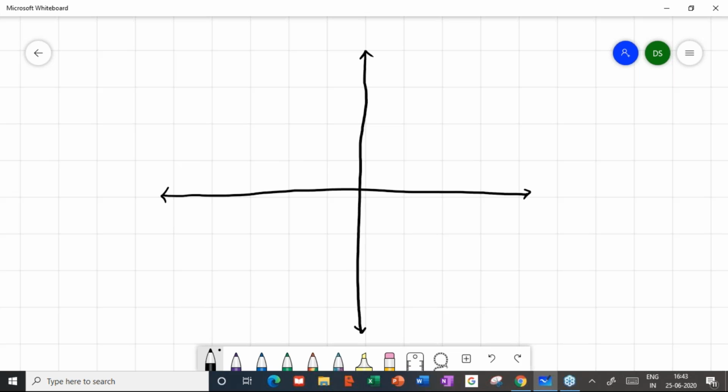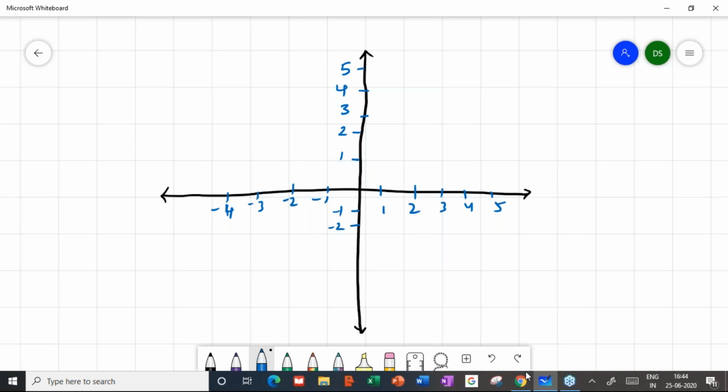So it says 0, comma minus 7, isn't it? If it's 0, which means there's no point on the x-axis, minus 7 means we are going to go here. Okay, I just label it quickly. 2, 3, 4, 5, correct?